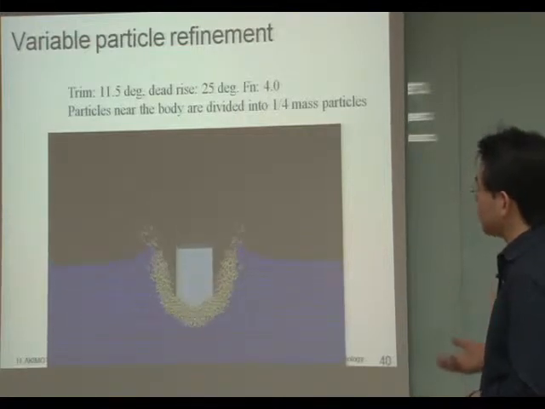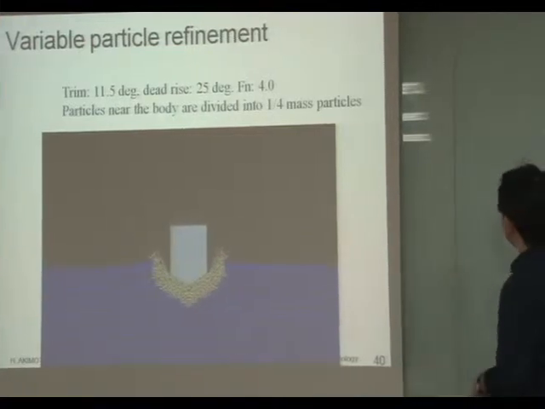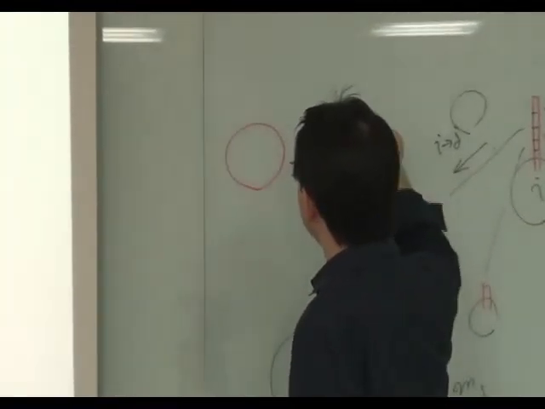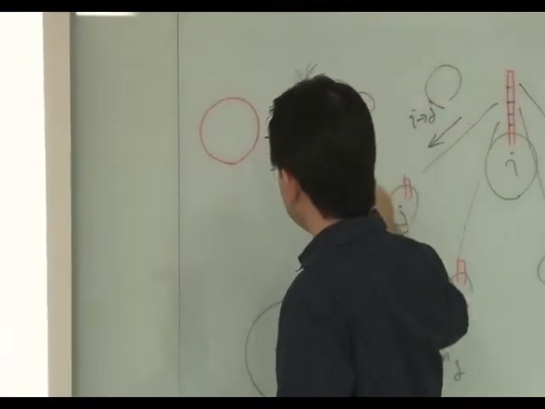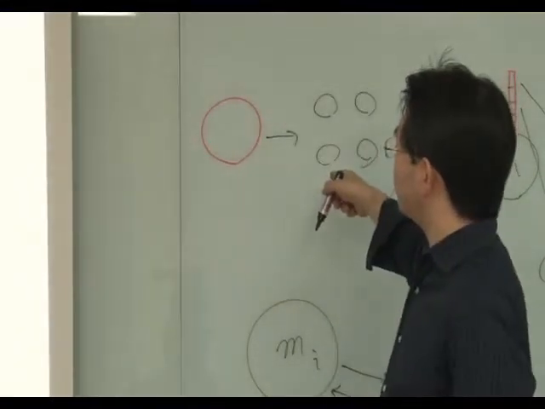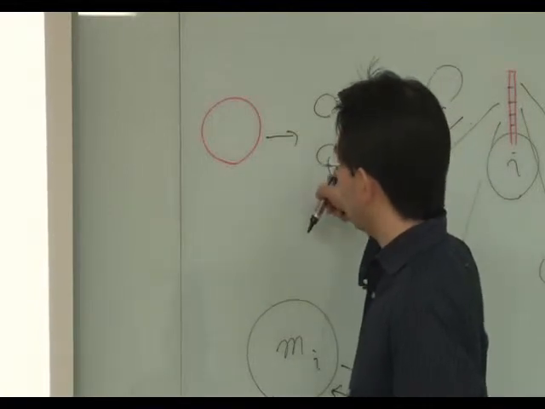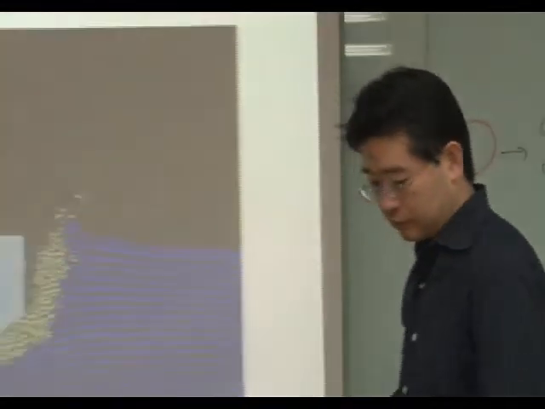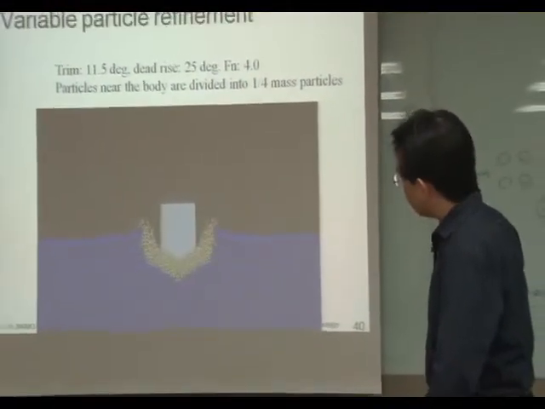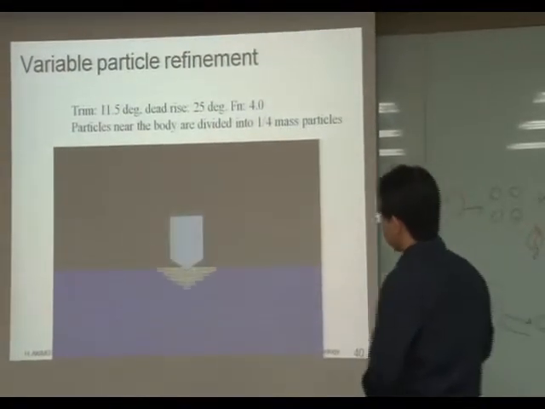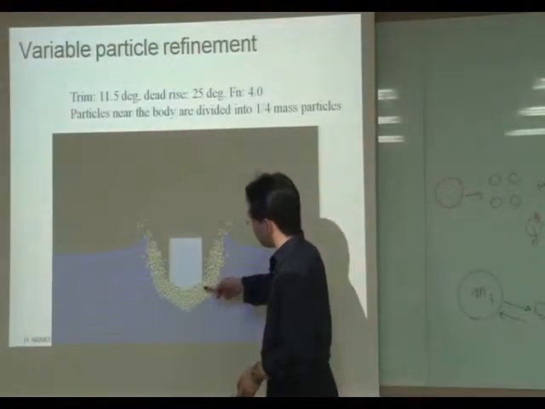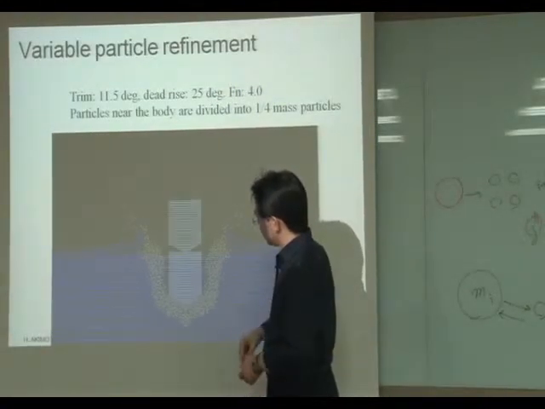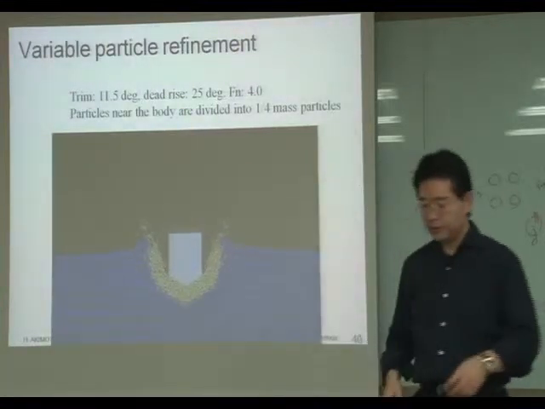In the two-dimensional case, one particle will be divided into 4 particles, so that the mass of each smaller particle is a quarter of the original mass. So you can see the detail around the body surface is improved in this consideration.